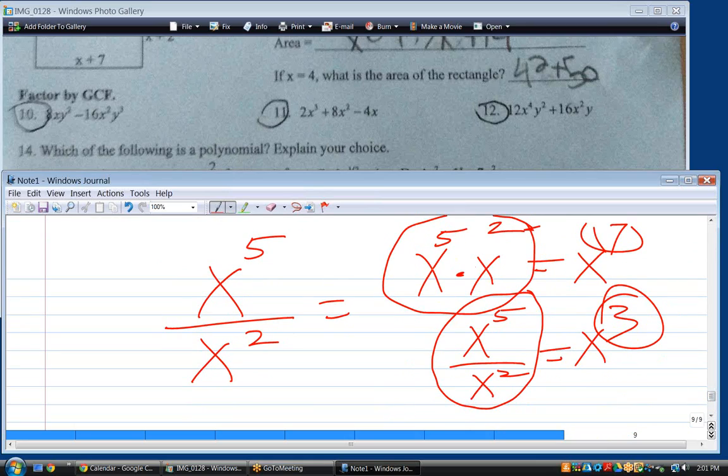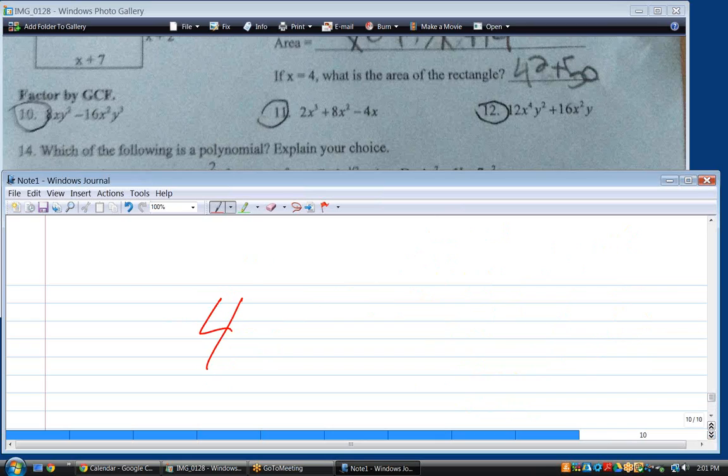When you're multiplying, it has to be the same base. So if I had this, what's that equal to? Hold on real quick. Same base, 4. And I'm multiplying. So it'd be 4 to the 5th. Exactly.